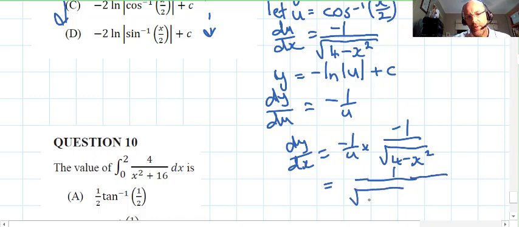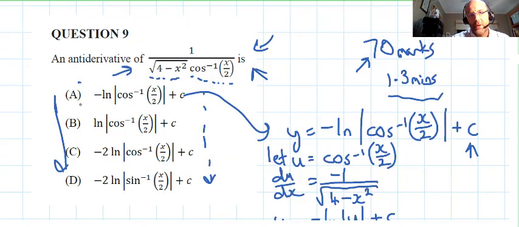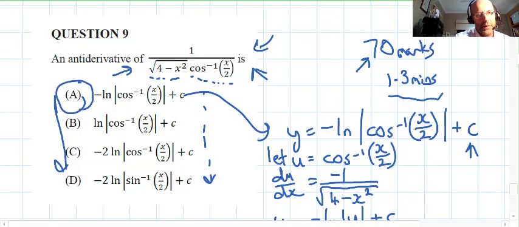So we have both of these terms on the denominator. I'm deliberately writing this one first because I can see a match up there in part A, and that's a relief because it was the first one we had to try. So from a time utilization point of view, that's good. Okay, so A worked out.